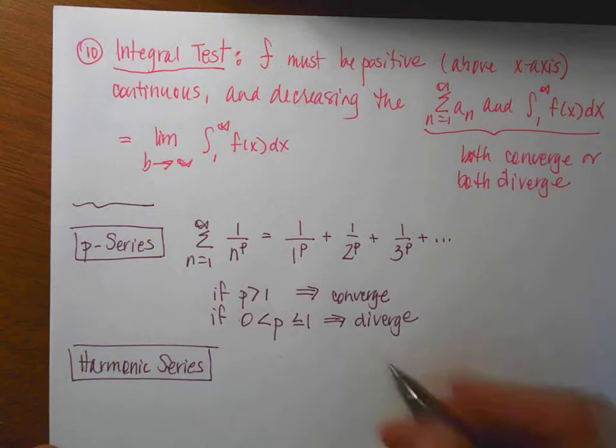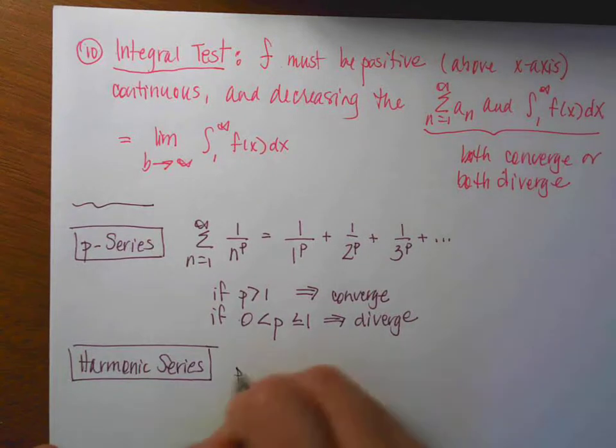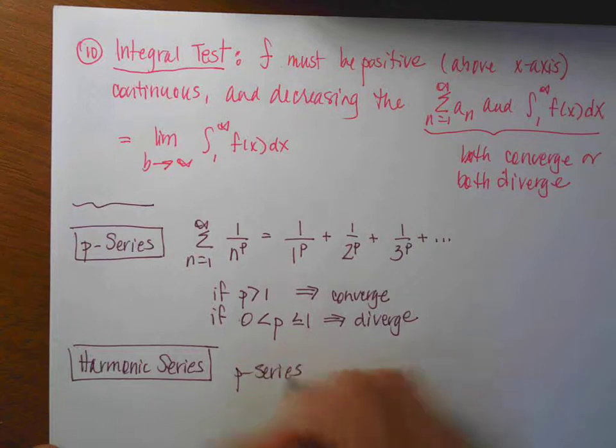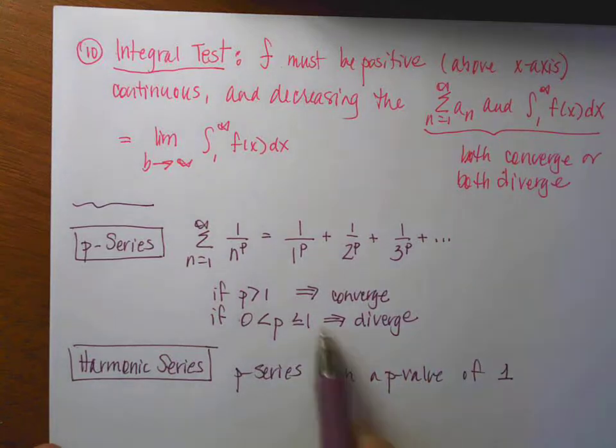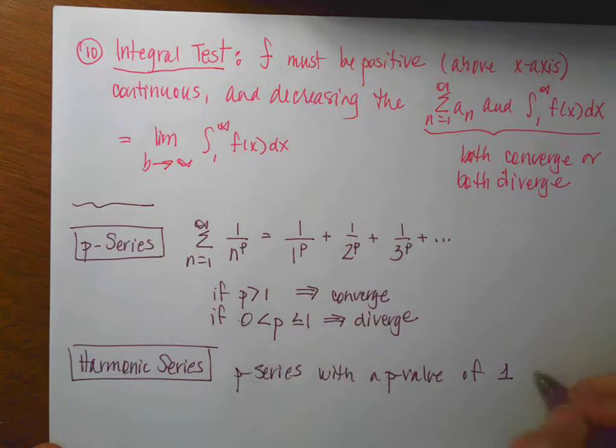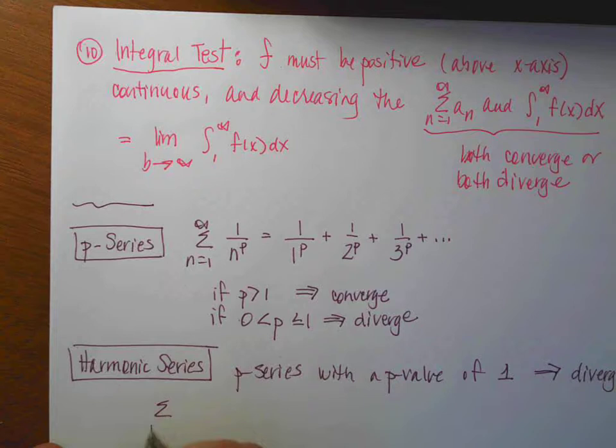Okay. All right, and in this one, it is a p-series with a p-value of 1. And if you'll notice, if I have a p-value of 1, that's going to mean that my series is going to diverge. Okay?